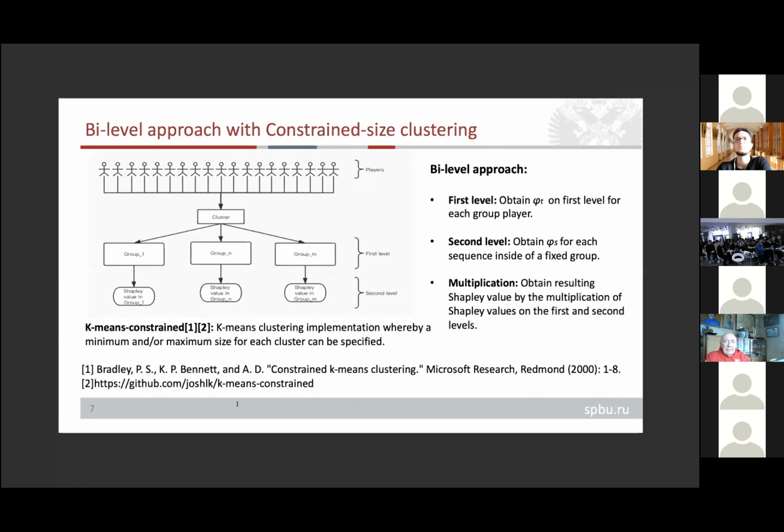The first solution we propose to solve high dimension is what we call a bi-level approach with constrained size clustering. From the picture, you can see that we have a lot of players, and the players, as we defined, are the features of the input data set.